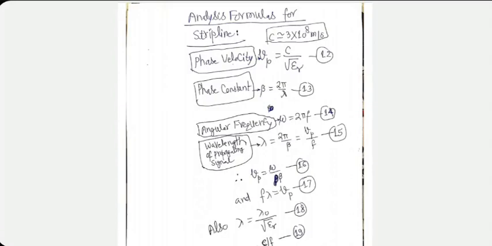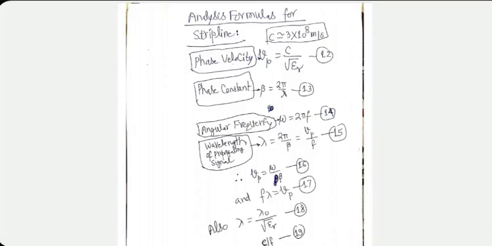So if c denotes the speed of light in air or free space, then the phase velocity inside the strip line is c divided by square root of epsilon r. And phase constant is 2 pi divided by lambda. Lambda is 2 pi divided by beta, obviously. And lambda is also Vp divided by f. You can see these equations are very similar to what we did for two-wire line.